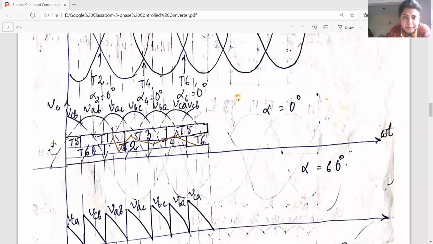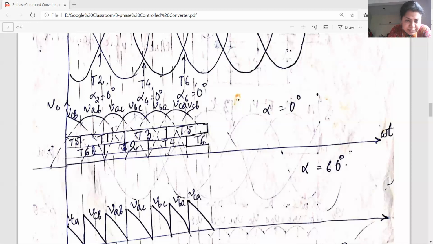So they are named according to the sequence of the operation. Here we can see T1 is operating and here we can see T6 is operating.